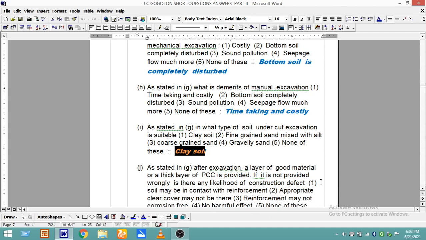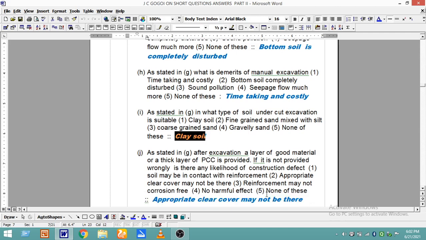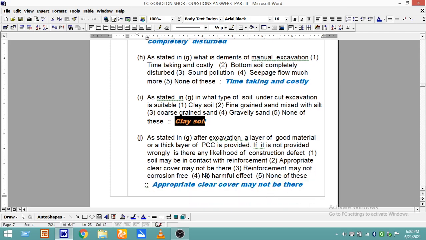Given answers: soil may be in contact with reinforcement, appropriate clear cover may not be there, the reinforcement may not be corrosion free, no harmful effect, none of this.